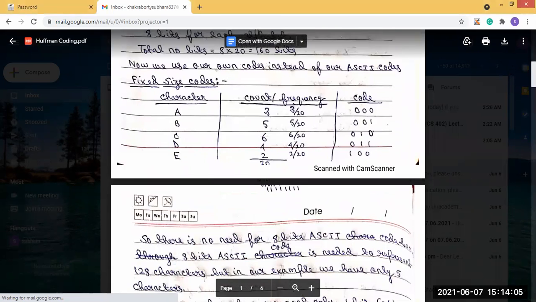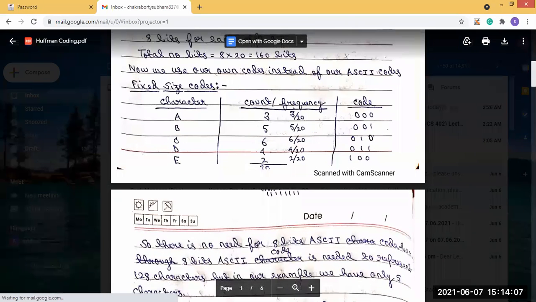So in fixed size code, what will happen? We will do some minimal changes here. Now, we will make a table for fixed size codes, and we will break it into 3 columns.